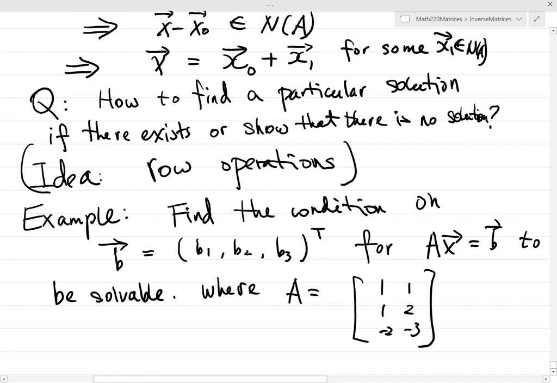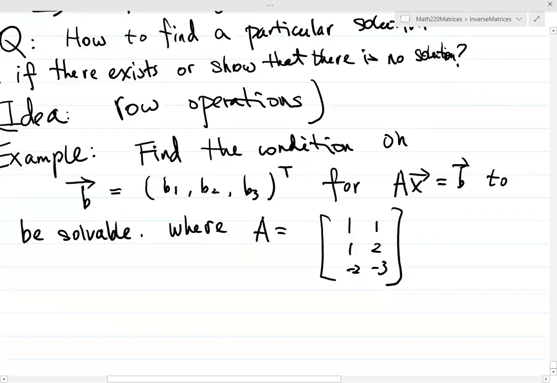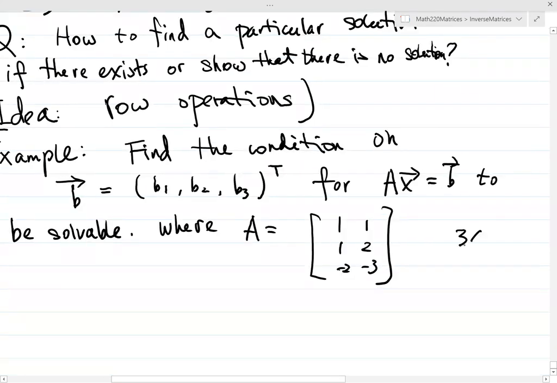It has 3 rows and 2 columns, so it is 3 by 2. Now x should be the vector (x, y), which is 2 by 1.